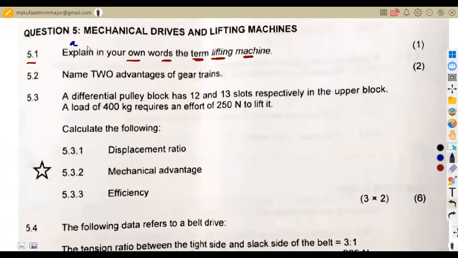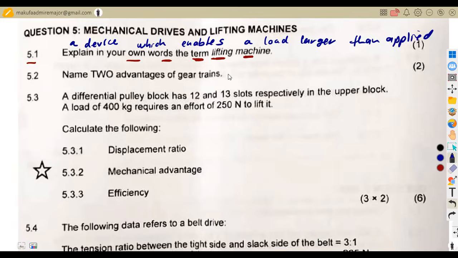So in your own words, I was going to write: a device which enables a load larger than applied effort to be raised. All right, so this is the condition that we can have.